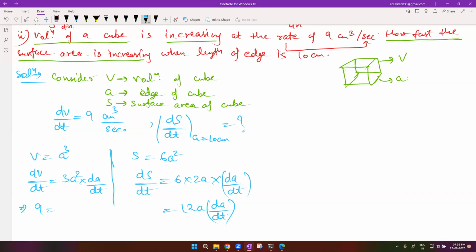So 10 square will be 100, 100 into 3 will be 300, and we have dA by dt. So this will be 9 by 300, right?